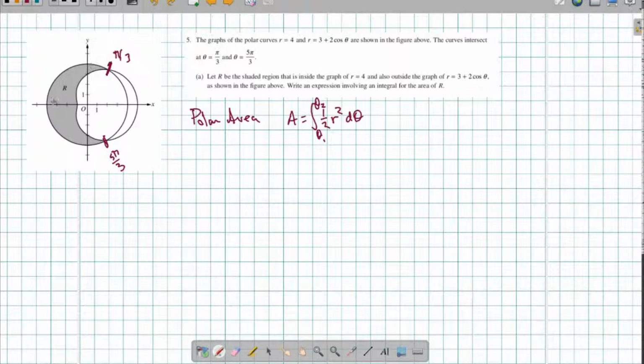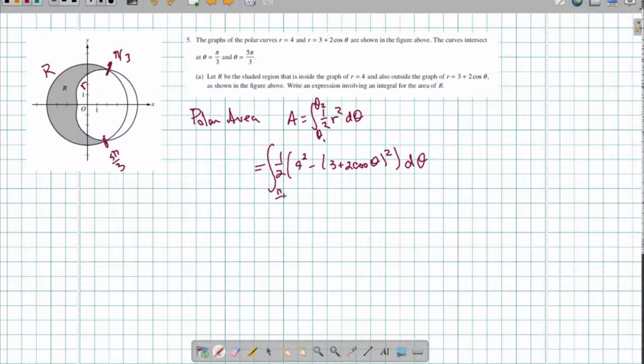But because I'm dealing with two shapes, I'm going to have to take the outer area and subtract the inner area. So it's going to be equal to 1/2 my big R, the circle, which is 4, minus my small r, which is 3 plus 2 cosine theta, and I'm going to integrate that with respect to theta.